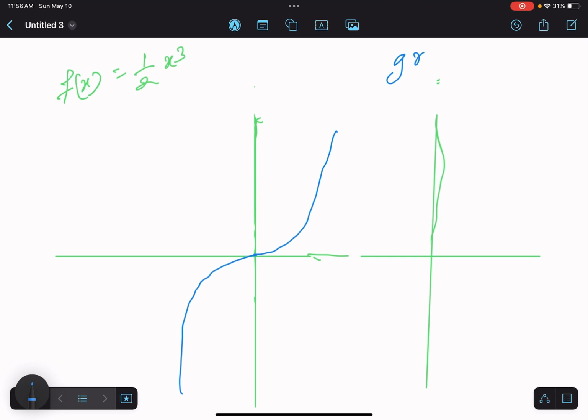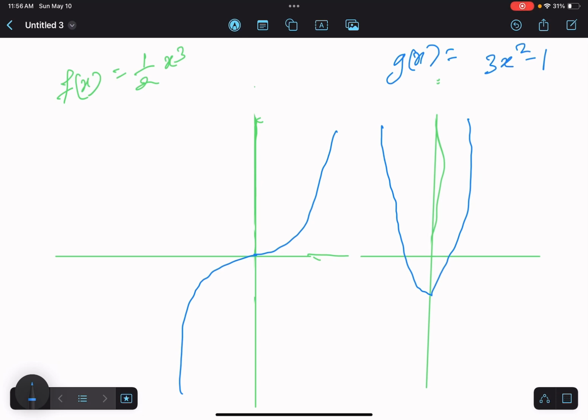And for g(x), what is the function of g(x)? The function of g(x) was 3x square minus 1, and the graph is something like this. Okay, so this is a rough picture.